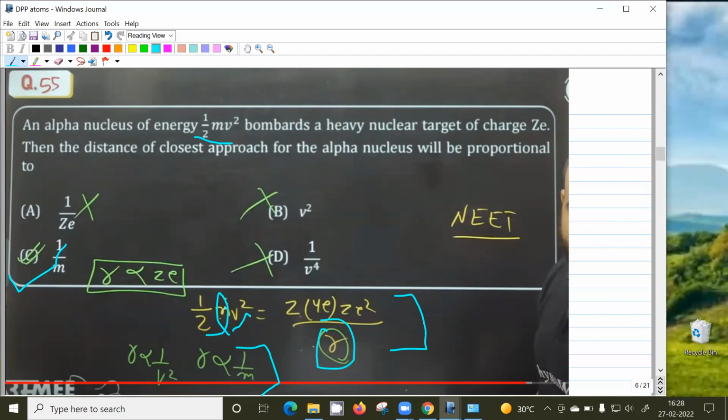Suppose I fix M, then the relation between V and R goes as 1 by V square. Suppose there is an option of 1 by V square, that's also a correct option. So if velocity is also variable, then the distance of closest approach R goes as 1 by V square. Got it now?